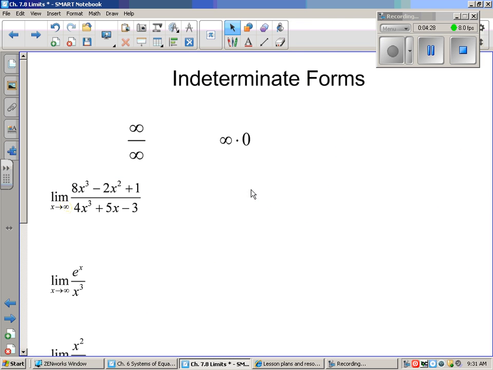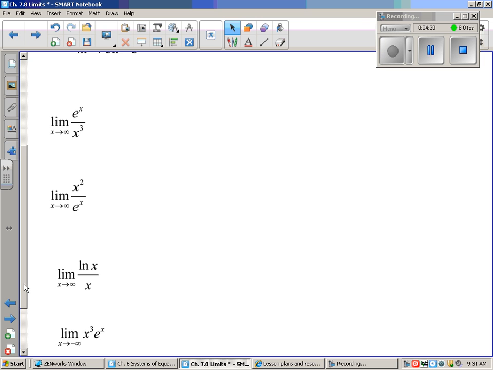Let's do another example. Limit as x is approaching infinity. So I have e to the infinity over infinity cubed. Well, which one wins? The bottom line is you want to look at the stronger function. Which one is increasing at a faster rate?